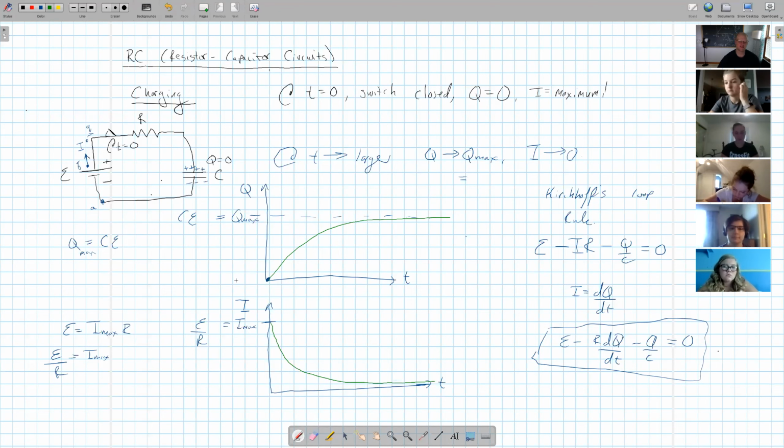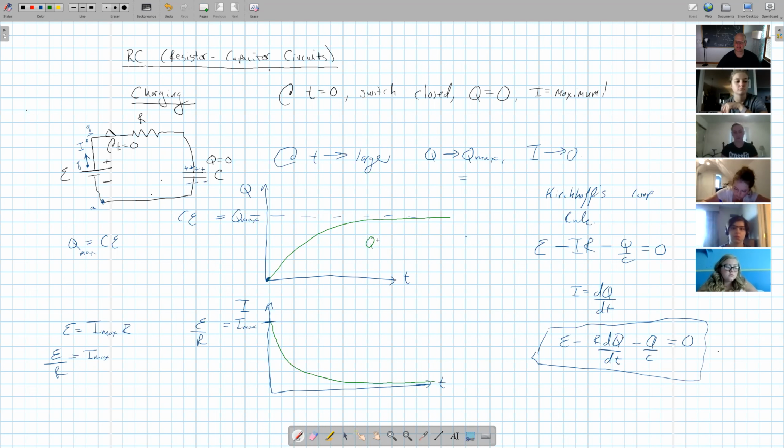So again, here, I close my switch at time equal to 0, with 0 charge. The charge increases pretty rapidly, almost linearly initially, but then slows because the work becomes greater and greater. So the rate at which I'm putting that charge on is going to get slower and slower until eventually it very slowly asymptotes to the maximum amount of charge.